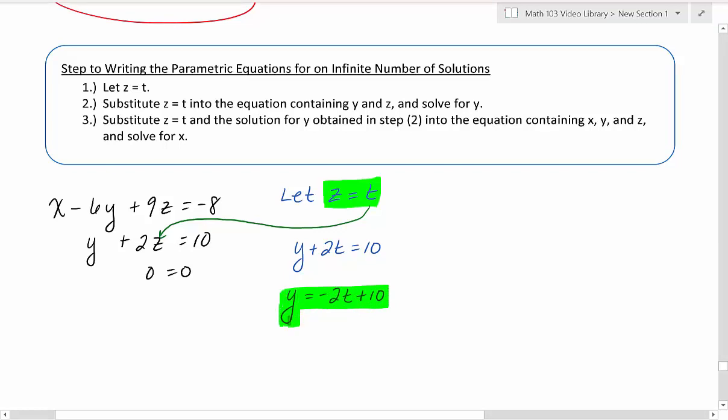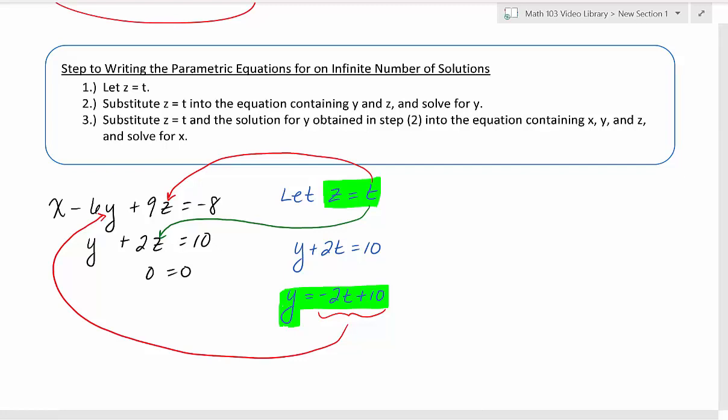The last variable we need to solve for is x. We are going to plug the t into the equation containing x for z, and then we're going to plug this whole thing, negative 2t plus 10, into that other equation for y.